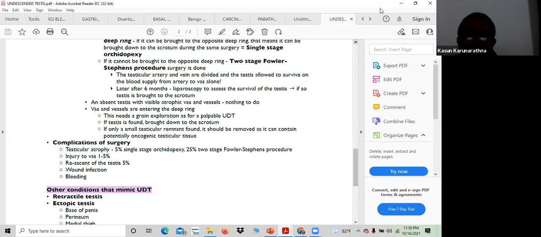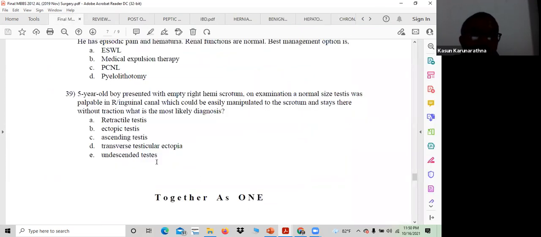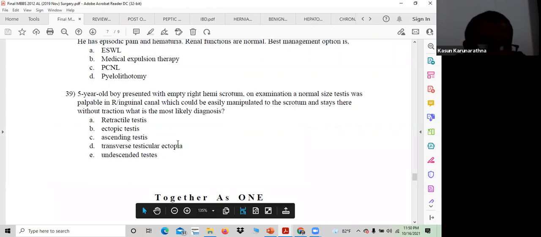And there was another terminology in the question, transverse testicular ectopia. It's a rare condition where both testes descend through the same inguinal canal and lie in the same hemiscrotum, right? That's it.